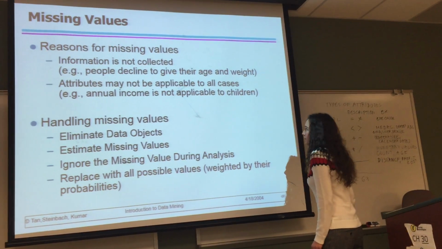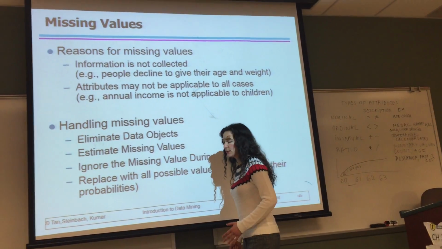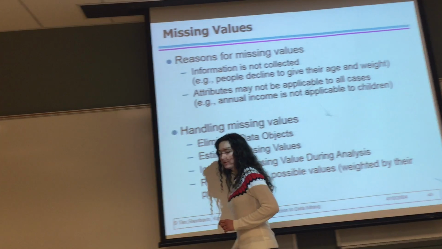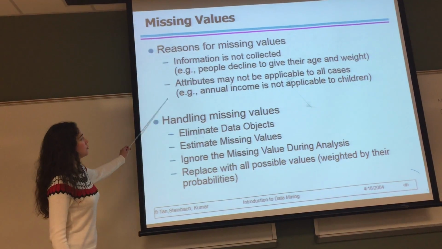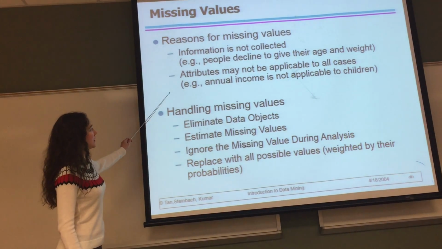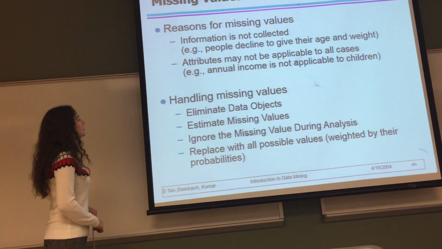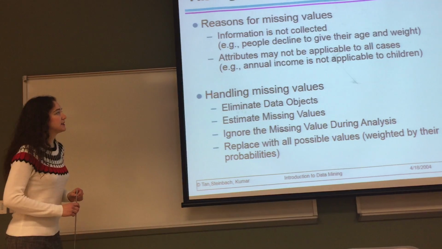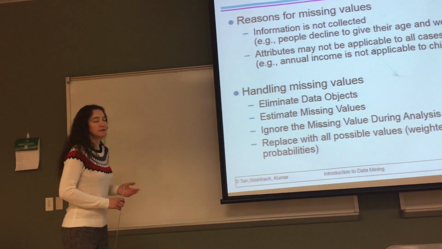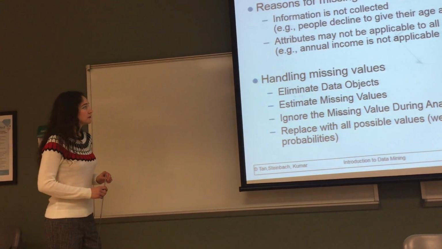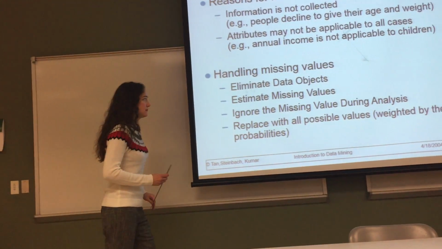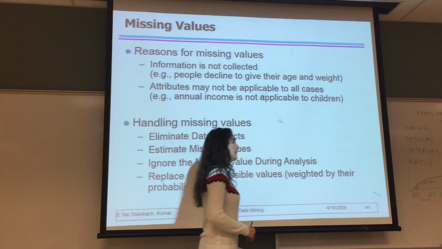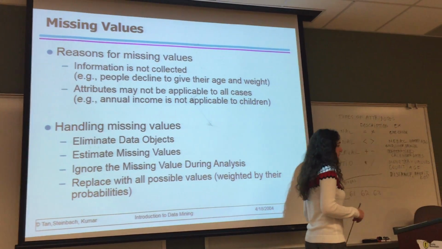It could be that we merge several data sets together, integrate them, and then it happens that attributes may not be applicable in all cases. Let's say children don't have income, for example. Or it could be that the data was not provided to begin with, so we have empty fields there.